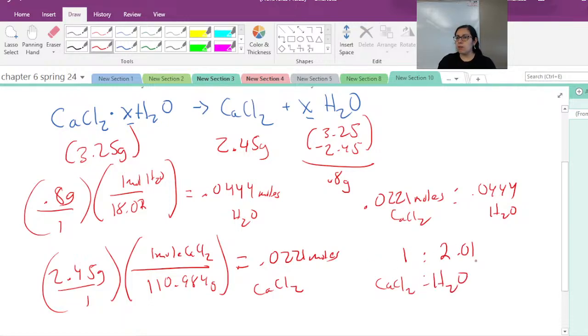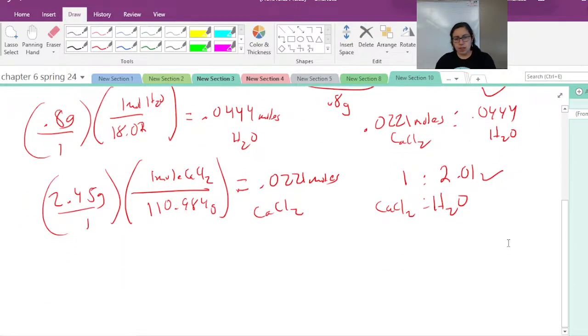So that would also be okay as a decimal answer, right? Because it's not clear what it means by decimal answer, but both of these are acceptable, or again, similar fashion for your moles. And then we can go ahead and round to our nearest whole number, and we have calcium chloride with 2H2O.